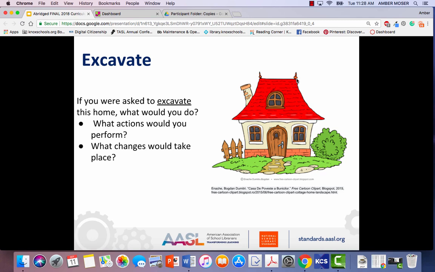All right, I want you to take a look at this slide. Take a look at the little house here, and imagine someone asked you to excavate this home. What would you do to the home? What changes would take place? Think about that for just a moment.